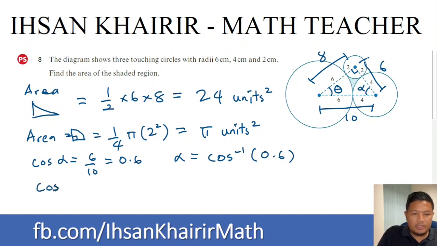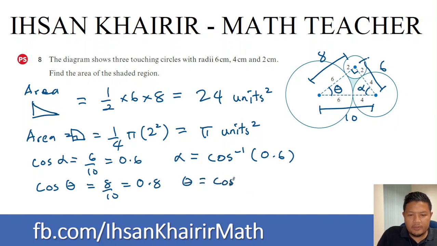And cosine theta is 8 over 10, which is 0.8. So theta is inverse cosine 0.8. We're going to use these for the values of these angles in radians, of course. Make sure you use radian mode on your calculator.